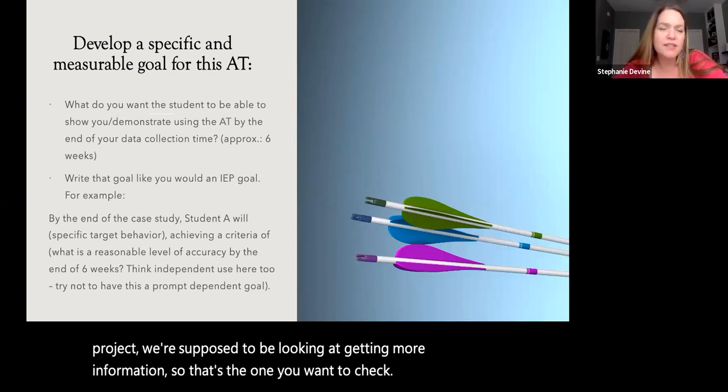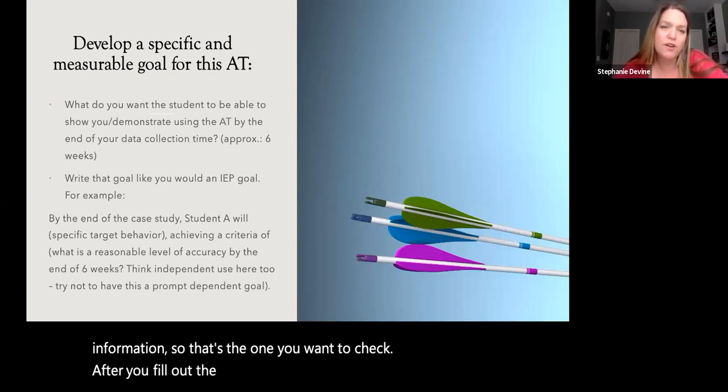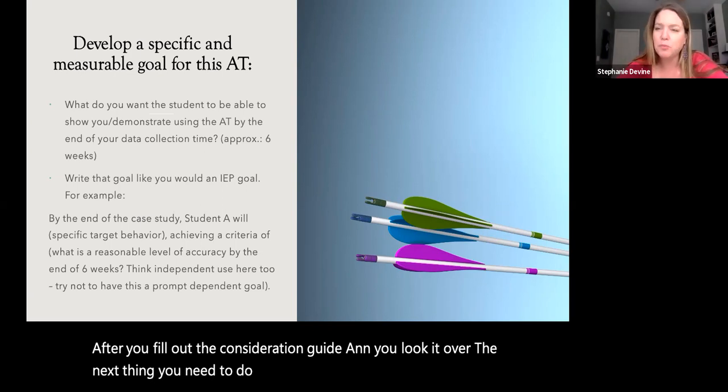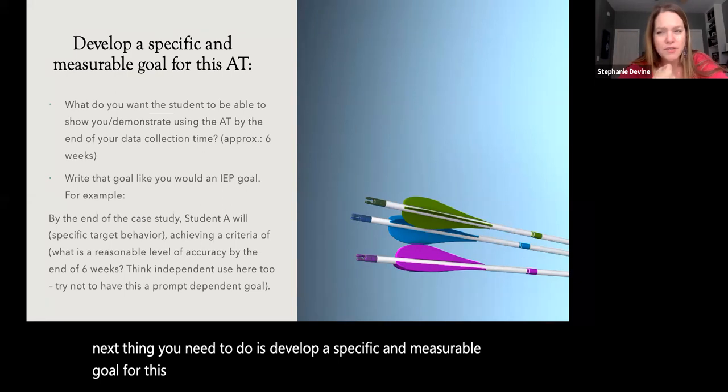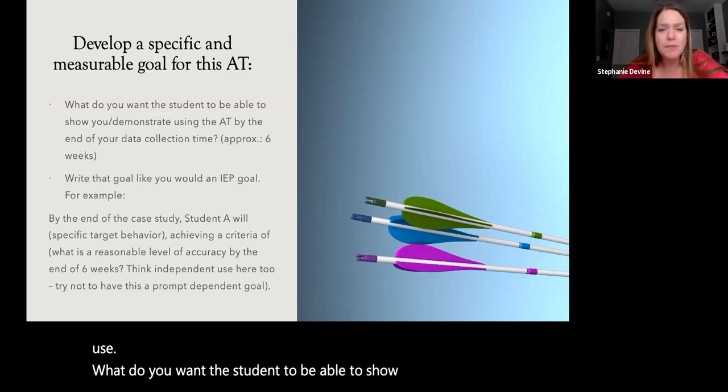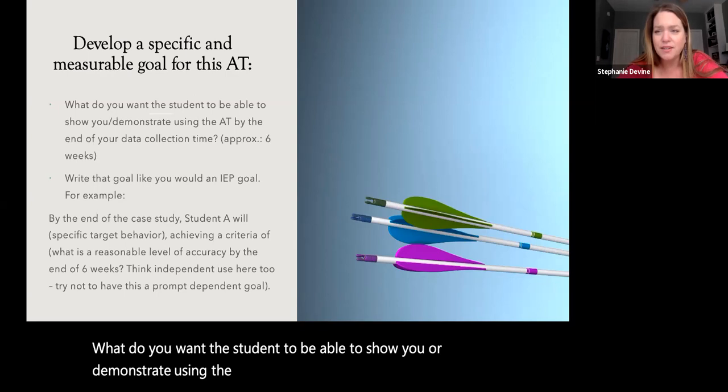After you fill out the consideration guide and you look it over, the next thing you need to do is develop a specific and measurable goal for this AT tool, whatever it is you decide you're going to use. What do you want the student to be able to show you or demonstrate using the AT by the end of your data collection time, which is about 6 weeks?